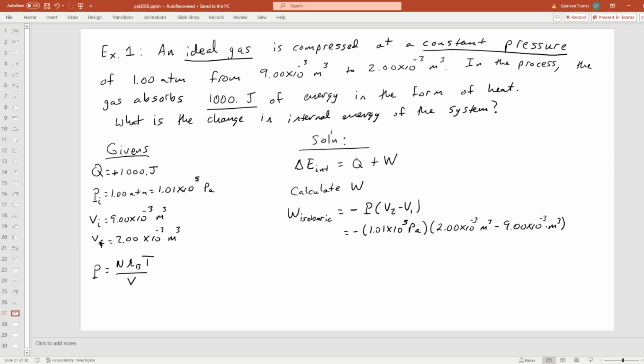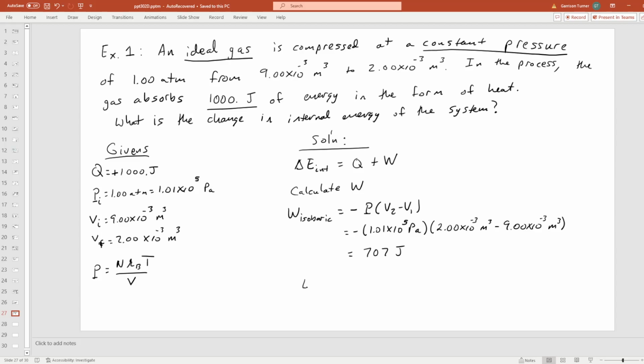Okay, so that gives us negative 707. And then that multiplied by the negative sign out front gives us 707. Okay, so 707 joules is the work done on the gas. So again, this is positive because the gas is being compressed. So some sort of external agent has to be doing the work.